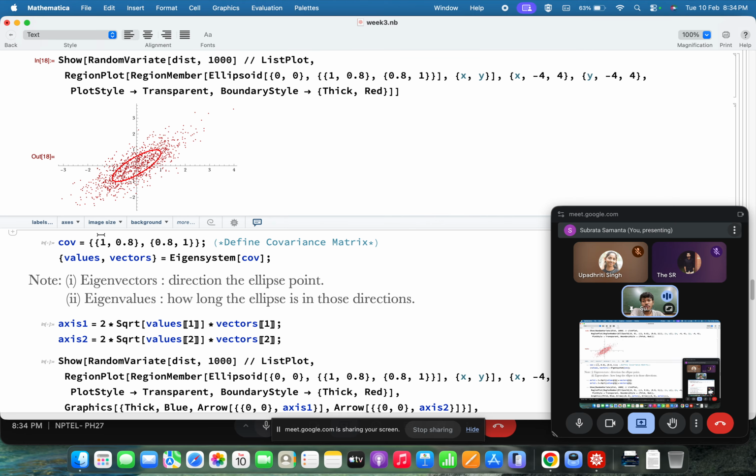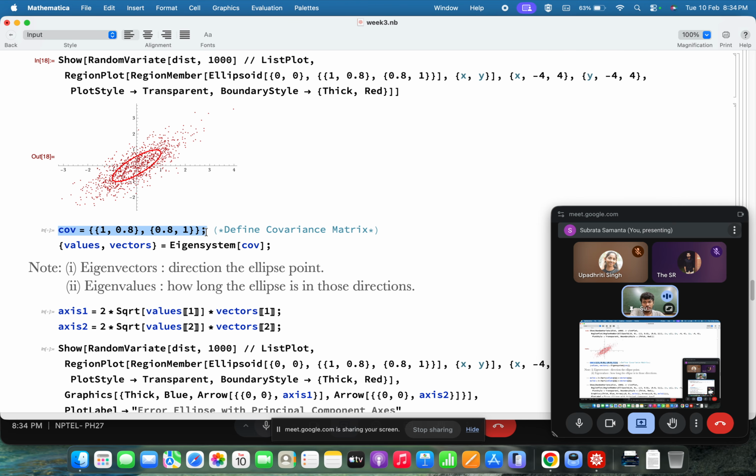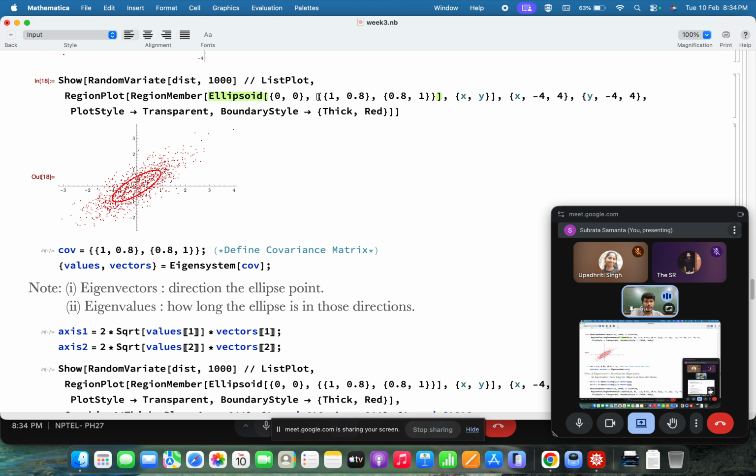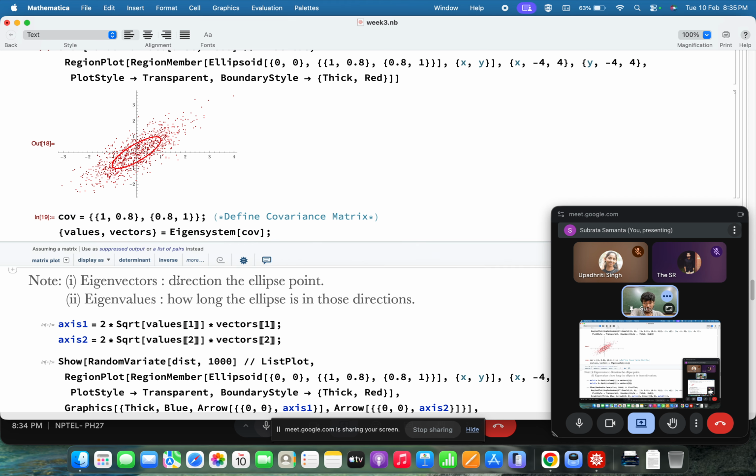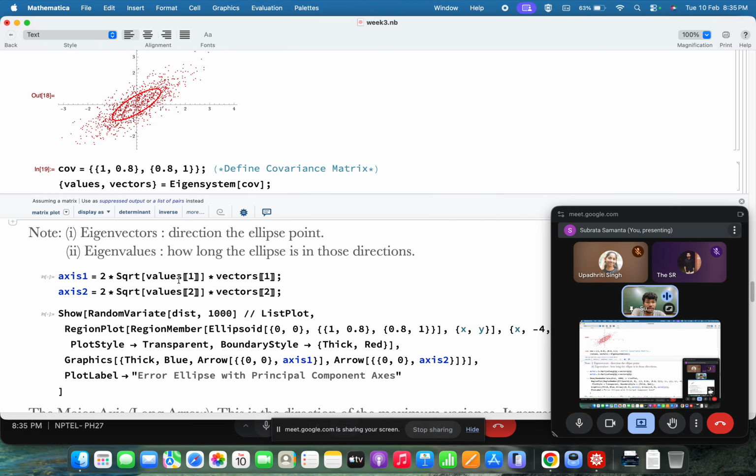Now, we can also calculate the eigenvalues and eigenvectors of this covariance matrix. You just use Eigensystem on this covariance matrix, because I assigned the matrix to it, and I calculate the eigenvalues and eigenvectors. So, what are the eigenvalues and eigenvectors?